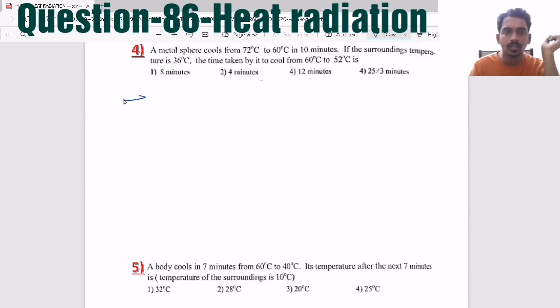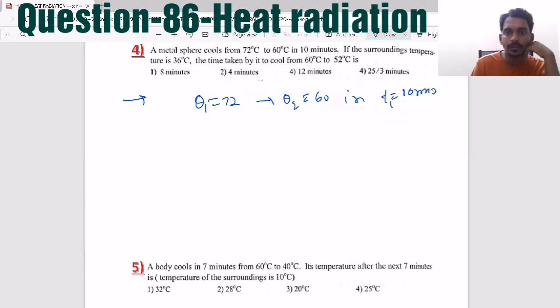Now here is another question. A metal sphere cools from 72 degrees Celsius to 60 degrees Celsius in 10 minutes. If the surrounding temperature is 36 degrees Celsius, the time taken by it to cool from 60 degrees Celsius to 52 degrees Celsius is? So here first case theta 1 72 to theta 2 60 in time t1 equal to 10 minutes, and theta naught is 36 degrees Celsius.